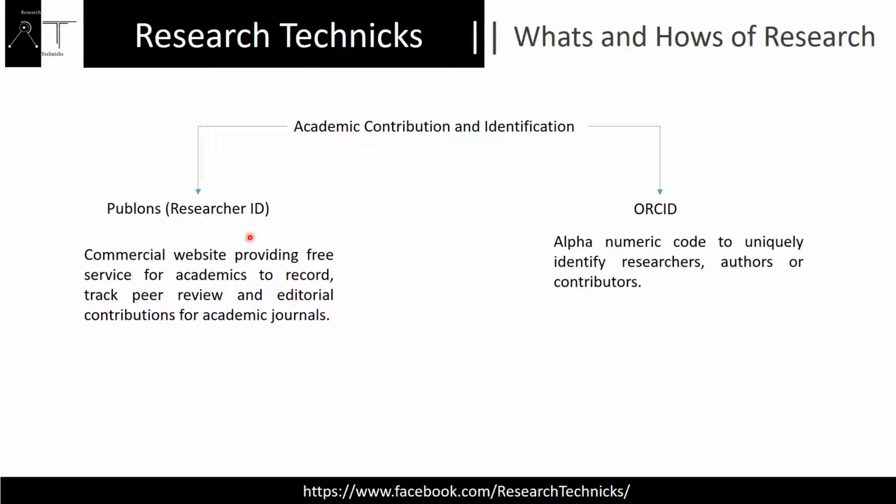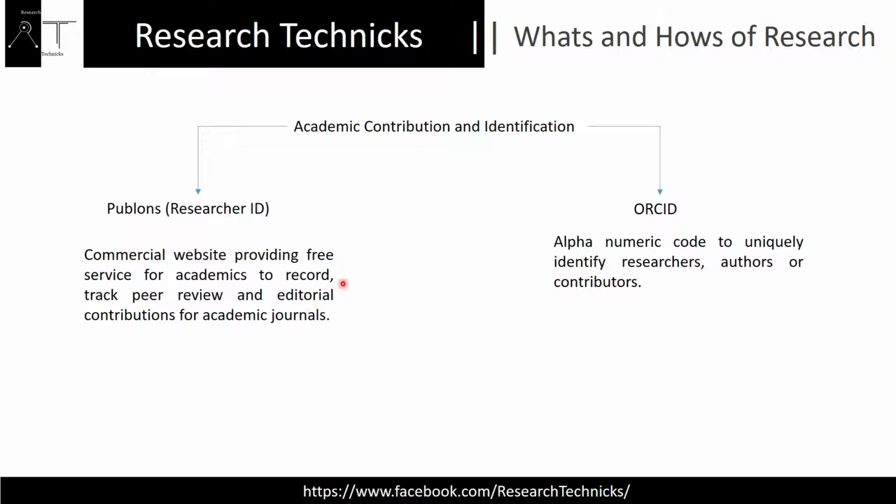So what actually is Publons? It is a commercial website that provides free services to academics to record and track all their contributions, not only editorial contributions, but also what you have done as an author and as a reviewer.